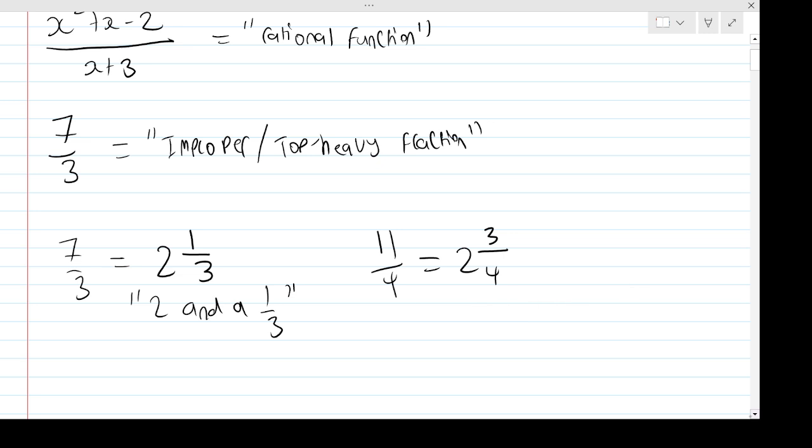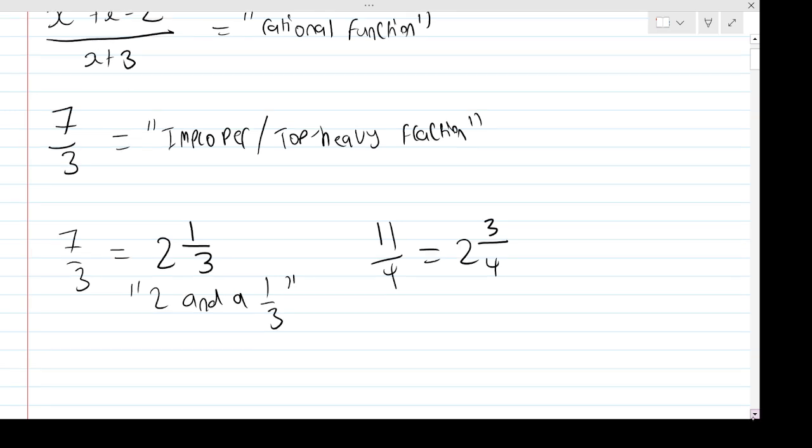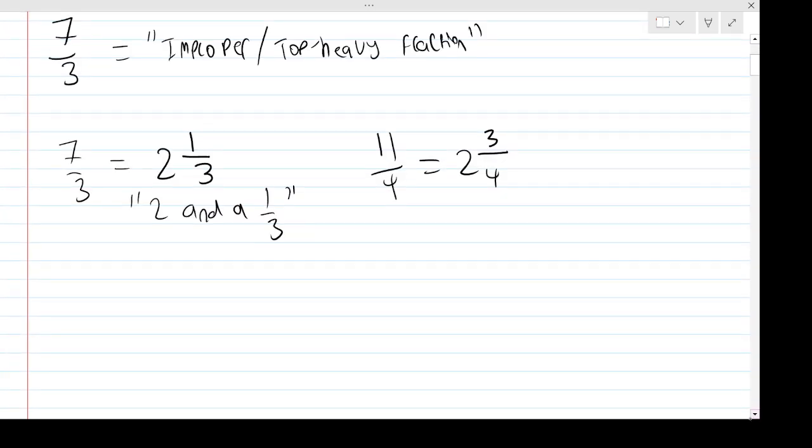So we see then that, like with GCSE, we can simplify top-heavy fractions, and that's exactly the same with algebraic terms. Except, how do we classify what it means to be top heavy?